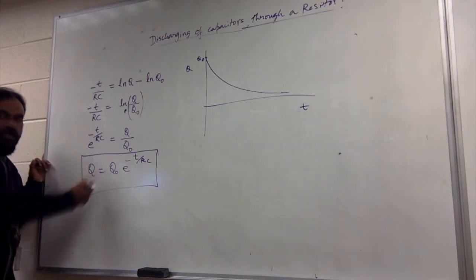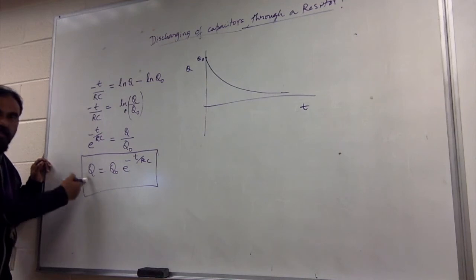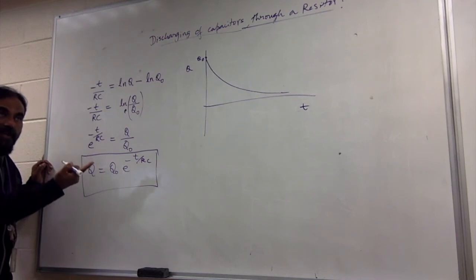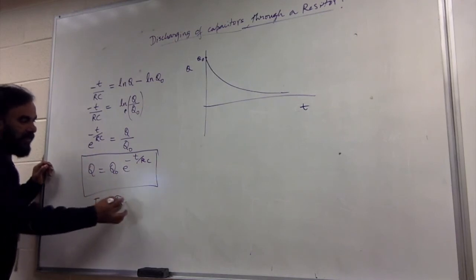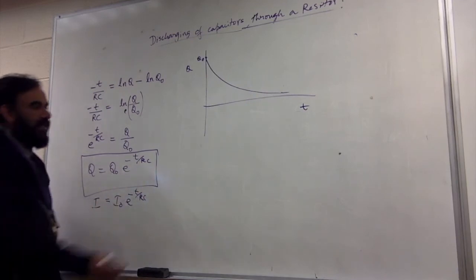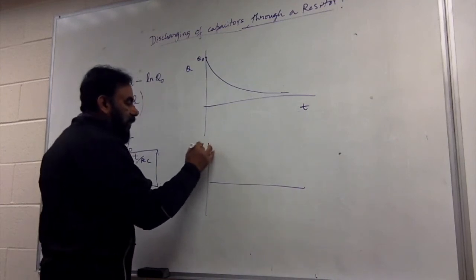Actually, if you divide both sides by time, you can find out another thing: the rate at which the charge is going to change. That will tell you I is equal to I naught e to the minus t over RC. So if you're plotting a graph of I, then you start with the current of I naught.